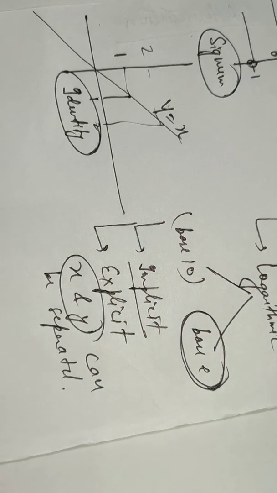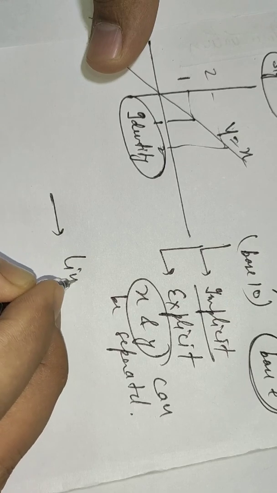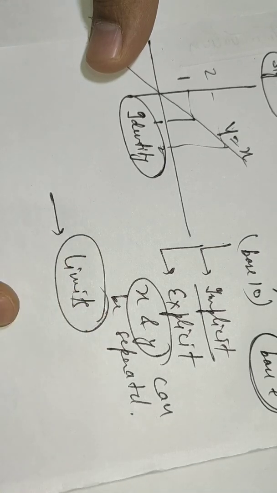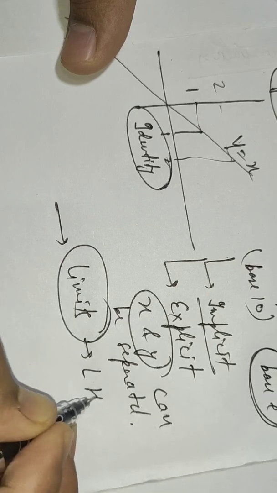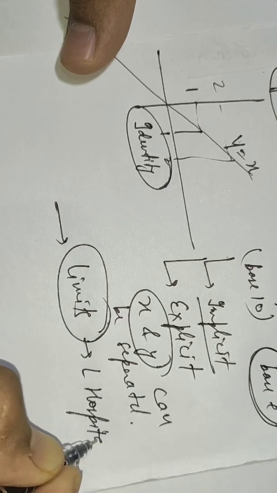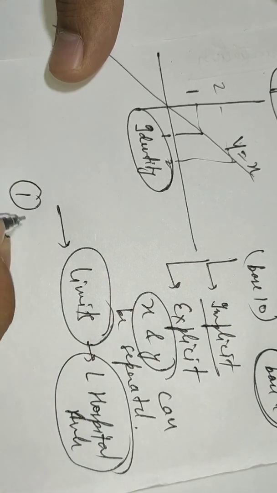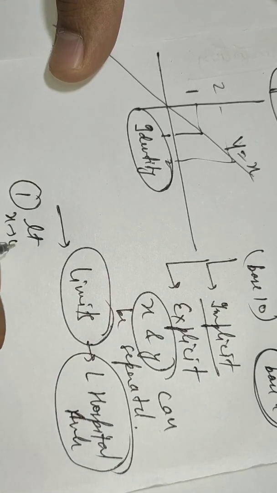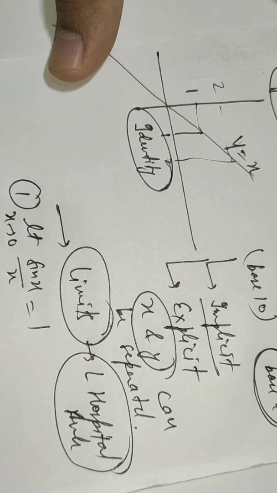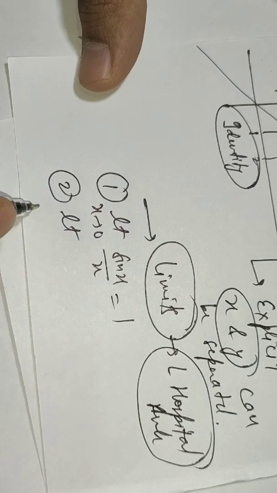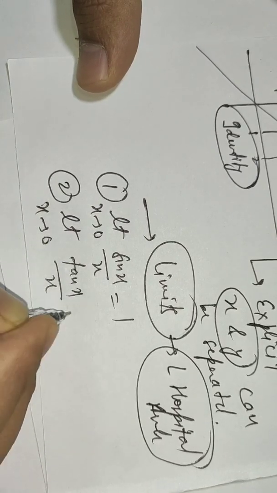So these are the functions, and another topic you must know is limits. So limits, you know, L'Hospital's rule. Then some basic formulas like limit x tending to 0 sin x upon x equal to 1, then limit x tending to 0 tan x upon x equal to 1.